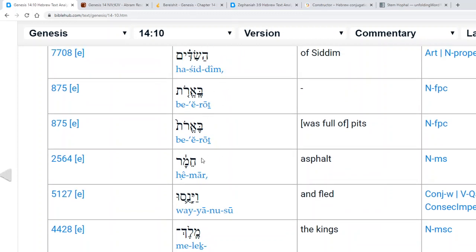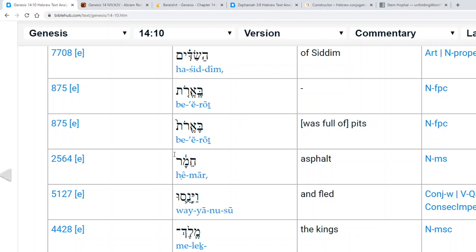Be'erot, be'erot, chamar. So it was full of pits and chamar, there was asphalt, right? So this is kind of, they're saying it's one big construct. Be'erot, be'erot, chamar. Okay, full of pits.